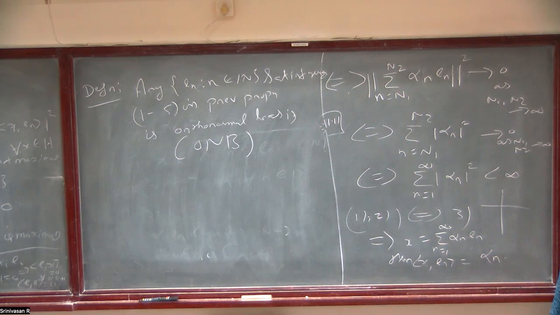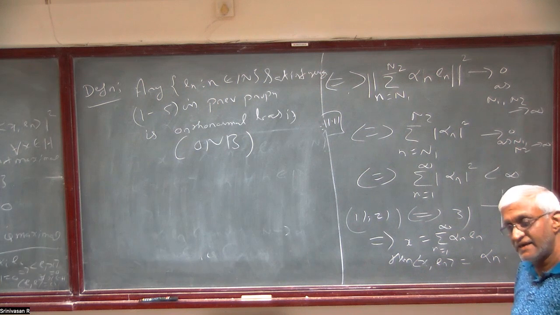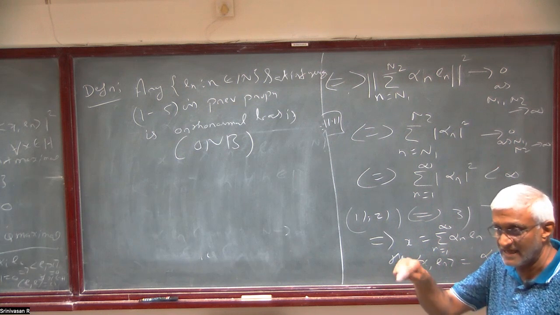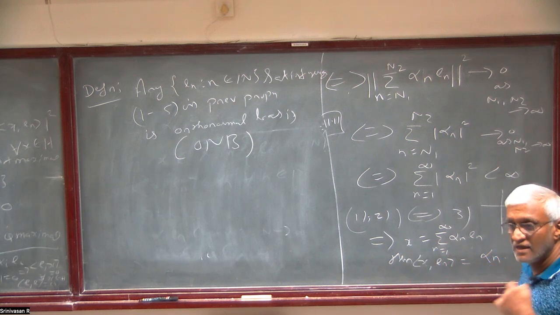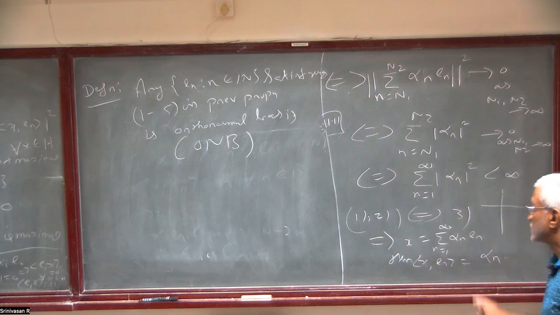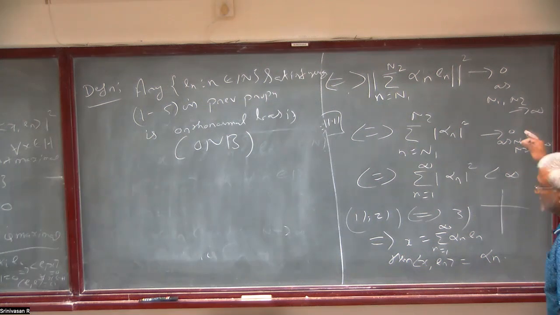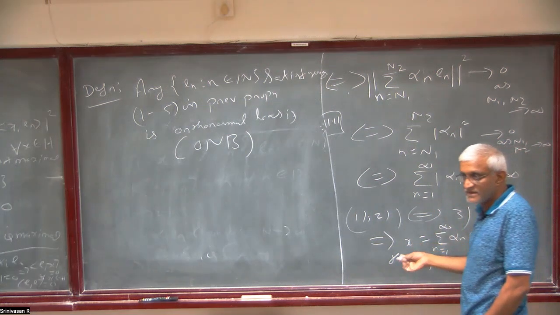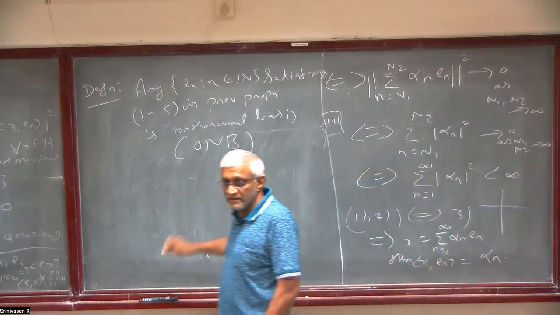For example, with polynomials, you take the finite linear combinations of x to the power n and that is dense in C of x, but you cannot write everything like that. So this is something special for an orthonormal basis. You can write it as an infinite sum, where the infinite sum makes sense in the norm topology.